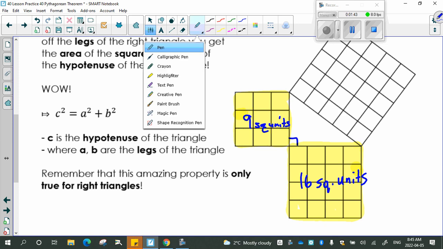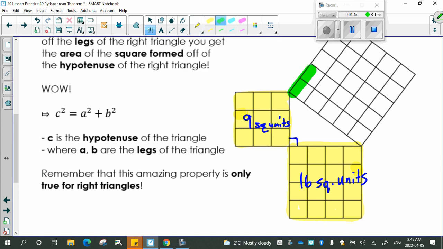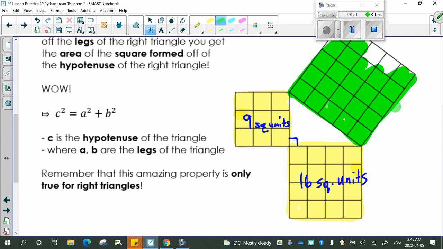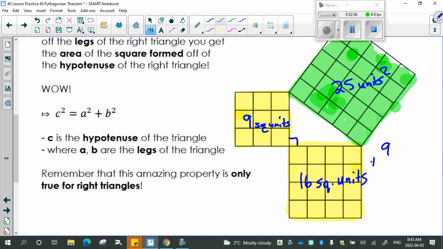And if you add them together, that should be the area of the hypotenuse. If you add up all the square units here, it's 5 by 5, so it's 25 units squared. So 9 plus 16 is equal to 25.